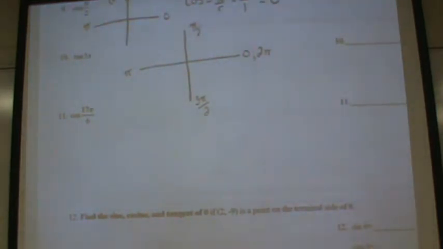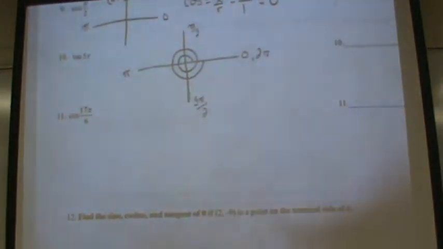For number 10, we're given tangent of 5 pi. So we need to find 5 pi. Again, we know that this is 0, this is pi, pi over 2, 3 pi over 2, and this is also 2 pi when you've made a complete rotation. So if we're looking for 5 pi, we'll start at 0.